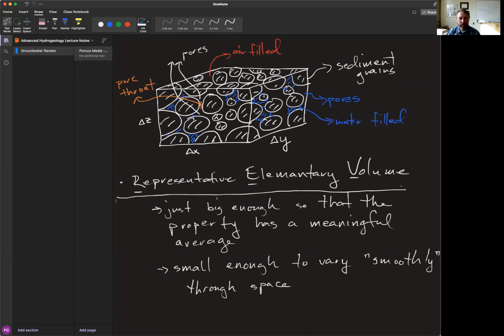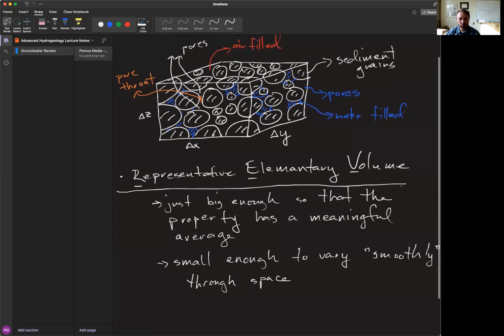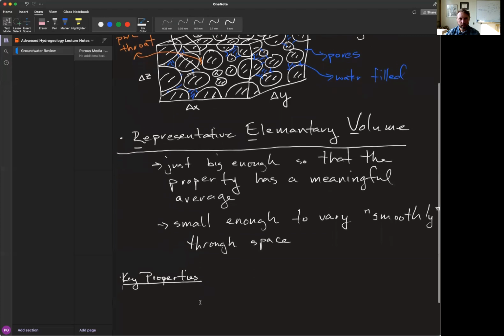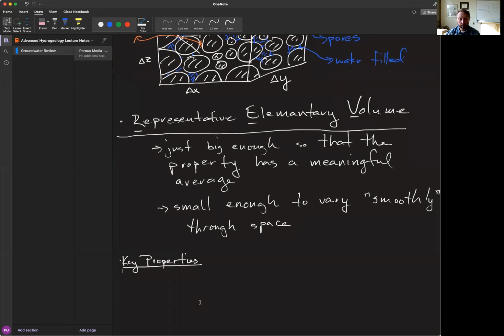Okay, so let's talk about some key properties of this porous media. A lot of what we do in subsurface hydrology is basically an accounting of mass or energy in the porous media, mass or fluid energy. So some key properties we're going to discuss right now are properties of the porous media that help us in this accounting.